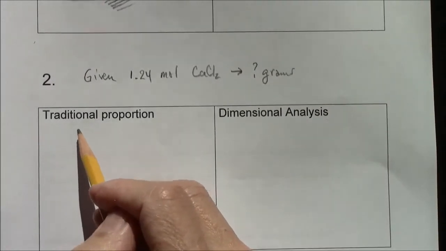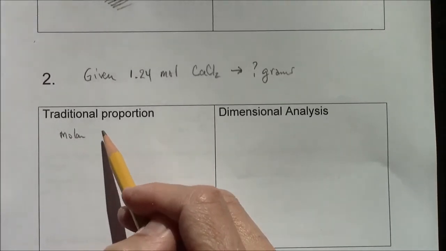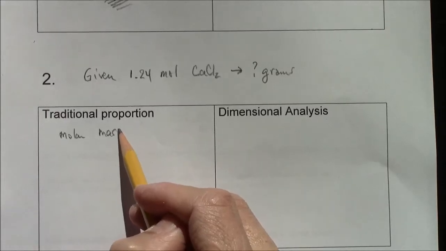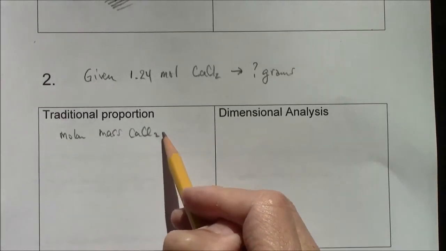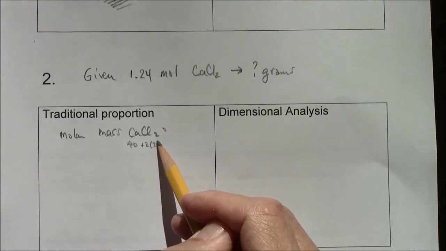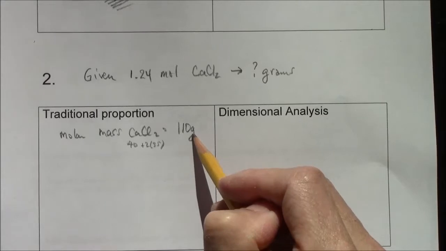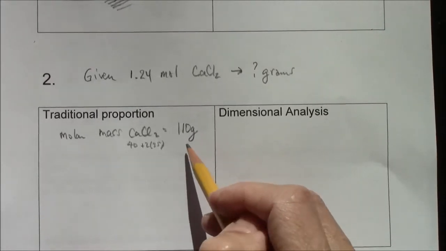Traditional proportion. Find the molar mass of calcium chloride. That's 40 plus 2 times 35. So that's 110 grams is 1 mole.